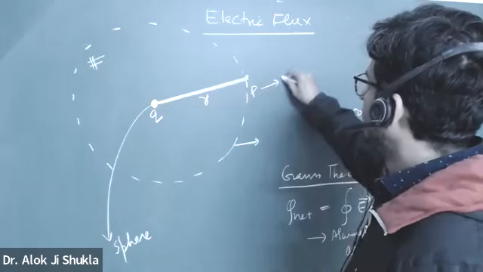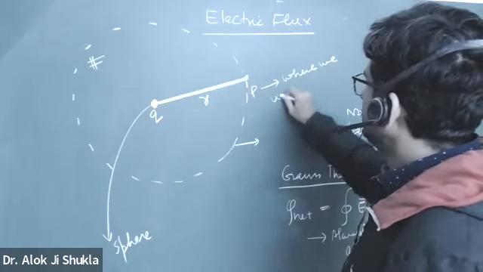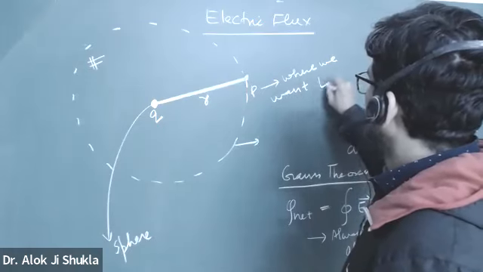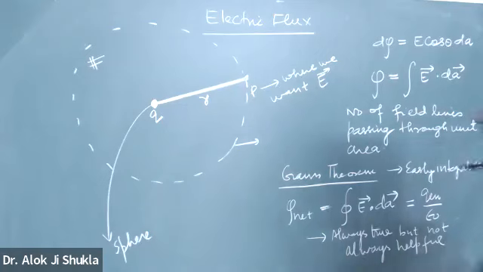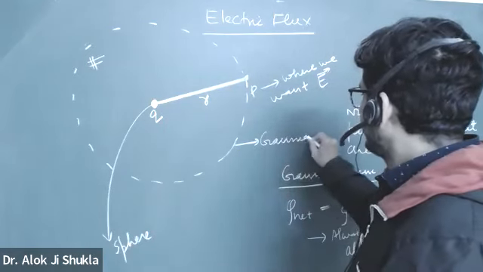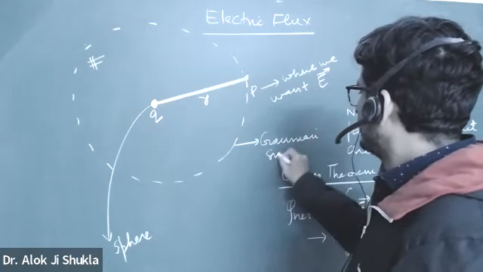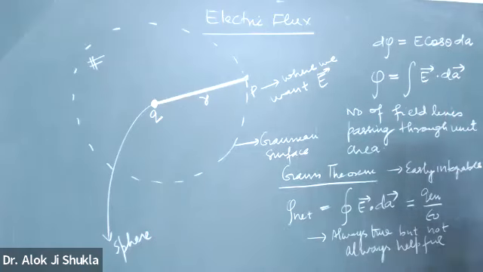So this is the point where we want the electric field. So this will be the Gaussian surface. Okay.